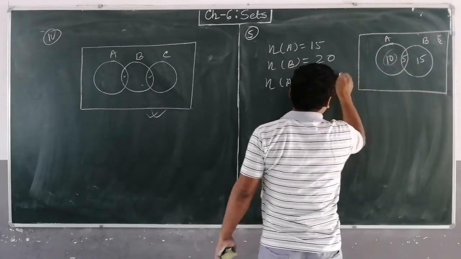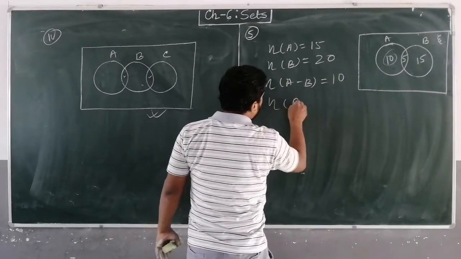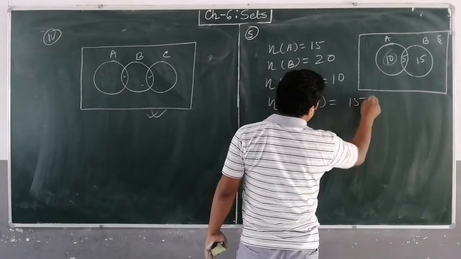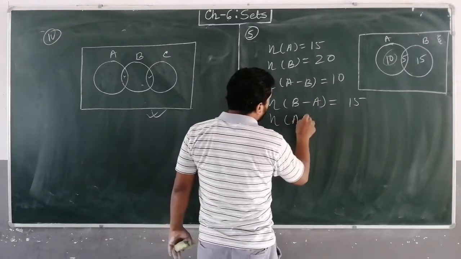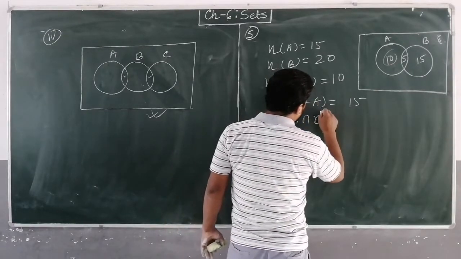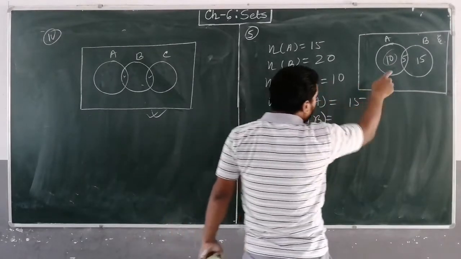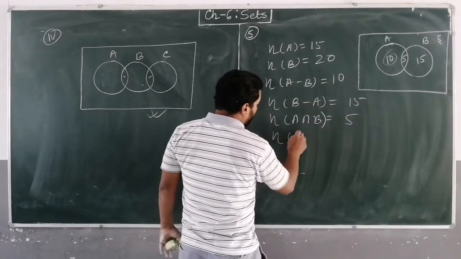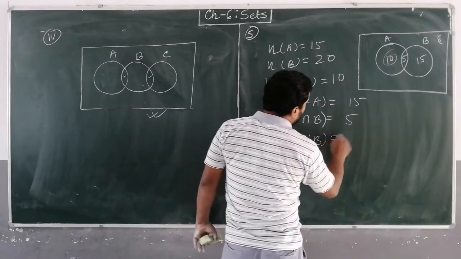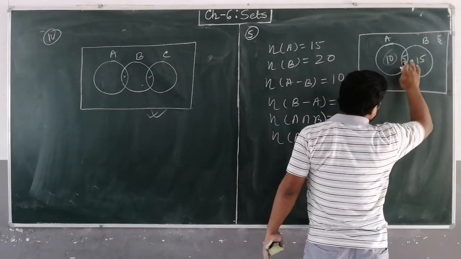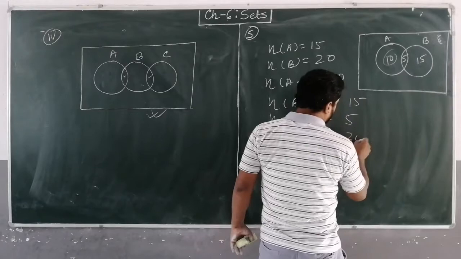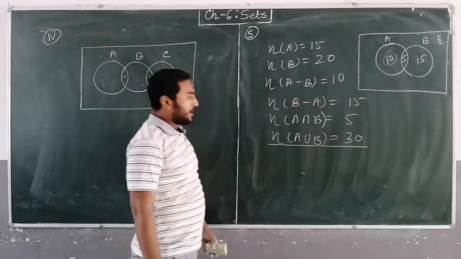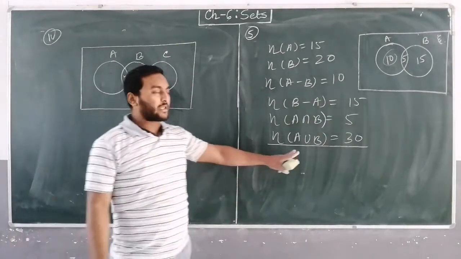Cardinality of B minus A is 15 only, and cardinality of A intersection B is 5. Cardinality of A union B means total 10 plus 5 plus 15, that is 30. This is the left hand side: cardinality of A union B is 30.